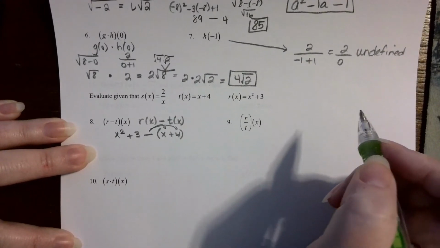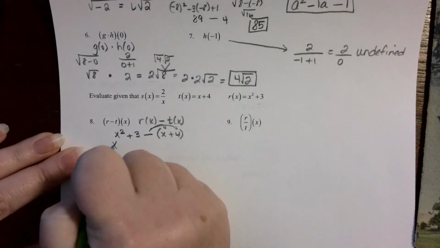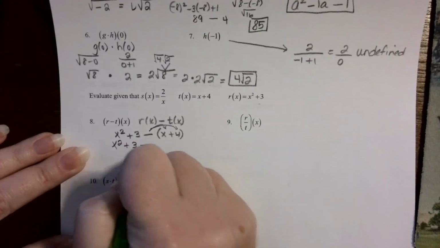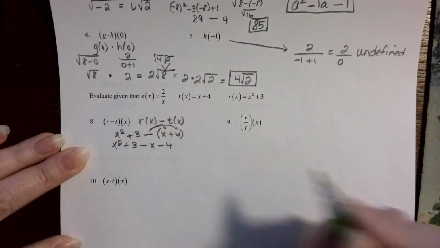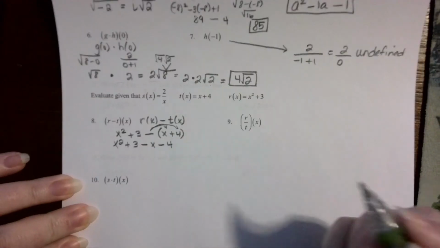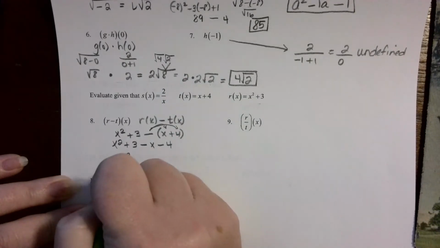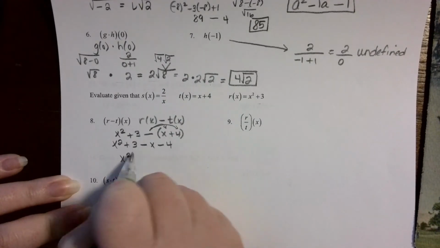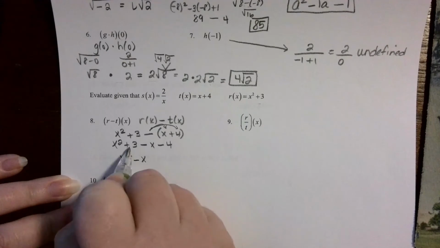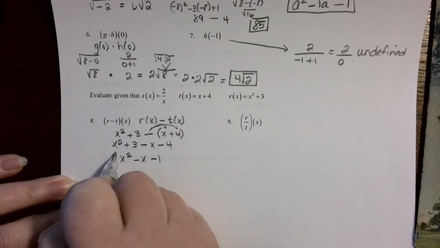So you can't forget that. So we have x squared plus 3 minus x minus 4. And then we combine our like terms. X squared and a minus x, because nothing can go with that. And 3 minus 4 is just a minus 1.